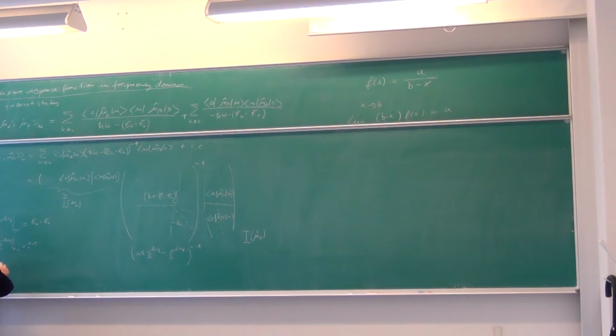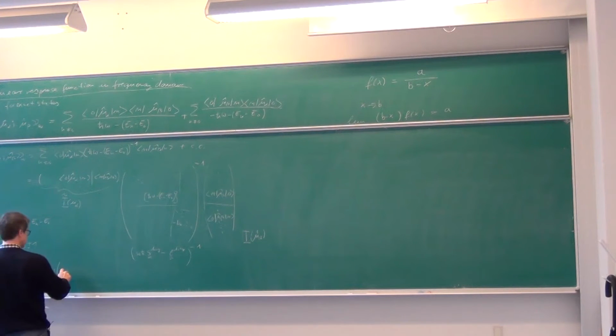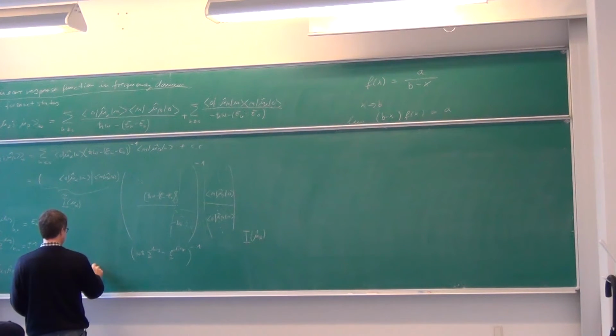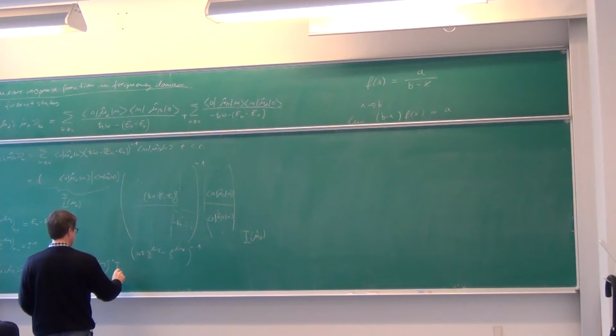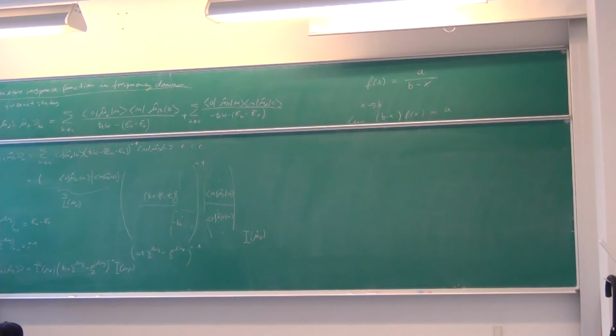Good. Doing that, I can write my response function, still with exact states, as T vector tilde of mu alpha times the inverse of h bar omega S diagonal minus E diagonal, times T of mu beta. Like this.